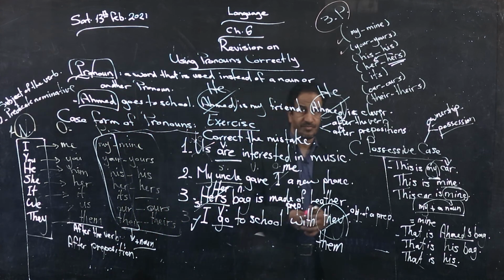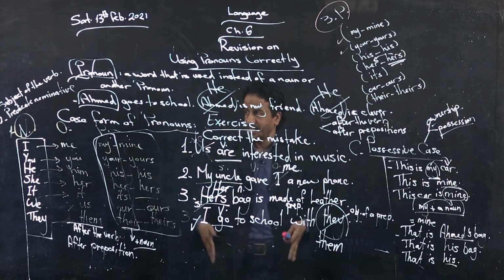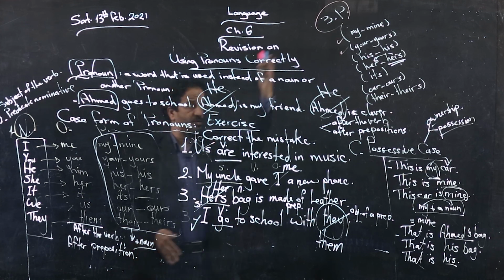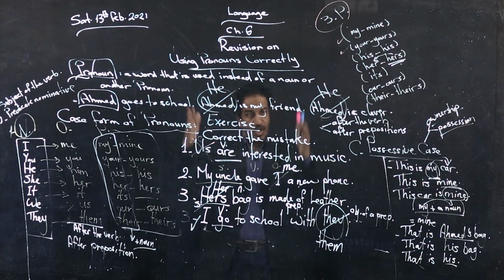That's okay? Okay. So in this session, we have made a revision on chapter 6, using pronouns correctly. Case of pronouns. We said that we have 3 cases: nominative case, objective case, possessive case. And we know the difference between each case of them.